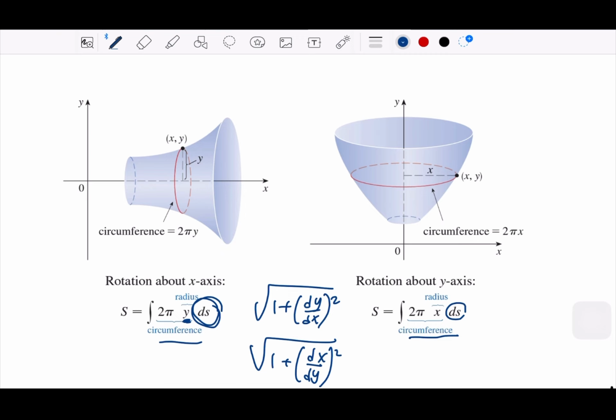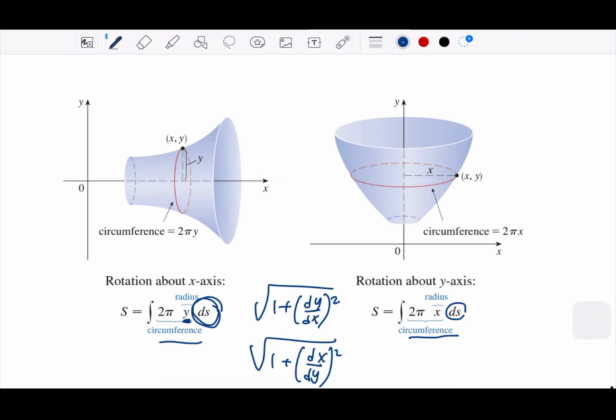And then we need to define our ds, the arc length, the length that is supposed to be on the sides, right? It depends. If we are having trouble or maybe having obvious equations, maybe it's easier to use x.